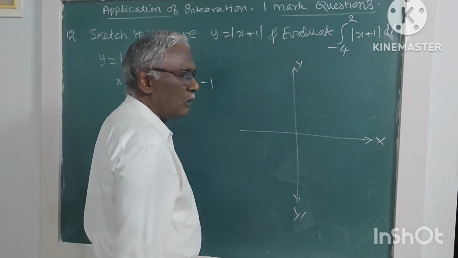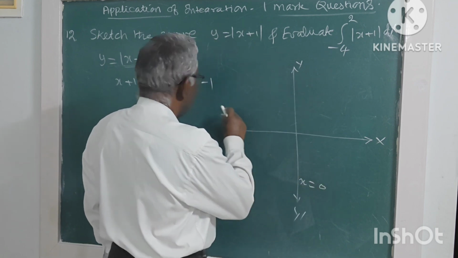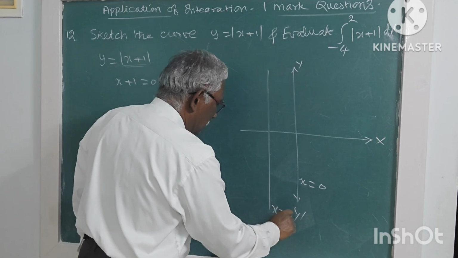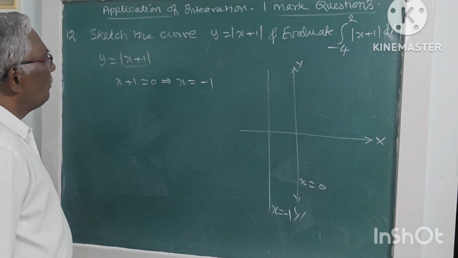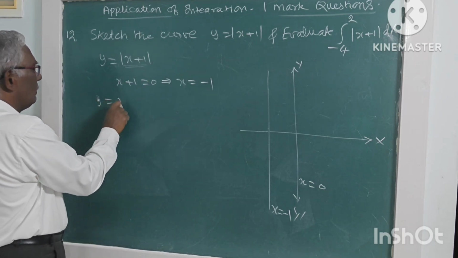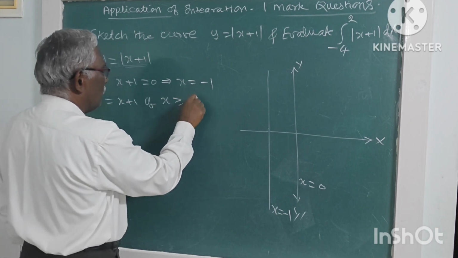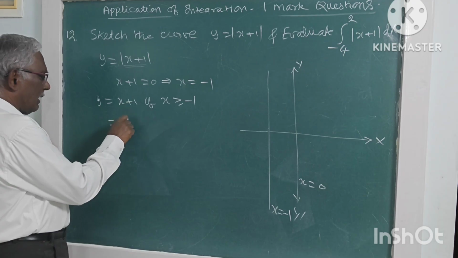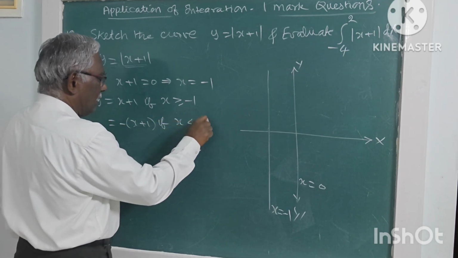So x is equal to 0 is the equation of the y-axis. Now y is equal to x plus 1 if x is greater than or equal to minus 1, and y is equal to minus of x plus 1 if x is less than minus 1.